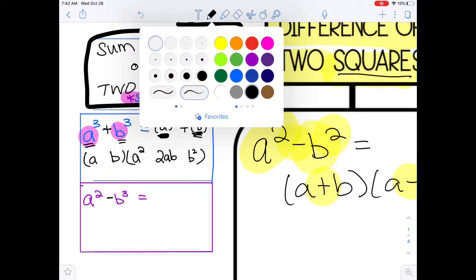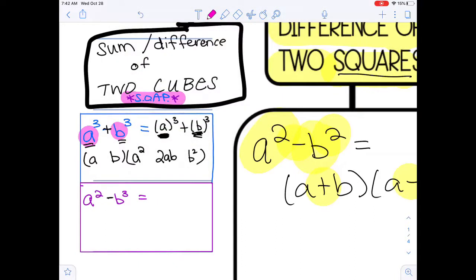And now here is where SOAP comes in handy. SOAP just stands for, we're talking about the signs. We're looking at this sign here, and we've got a sign to fill in right here, and right here. So we go same as this, opposite, so that's in this one, opposite of plus is the negative, and then the last one is always positive.